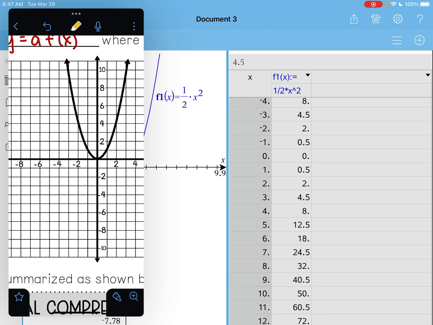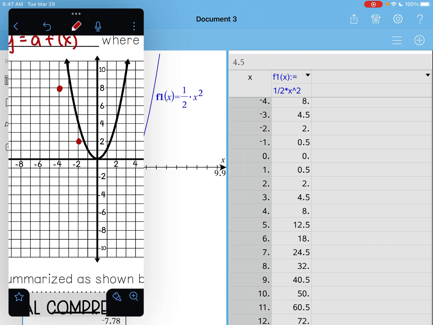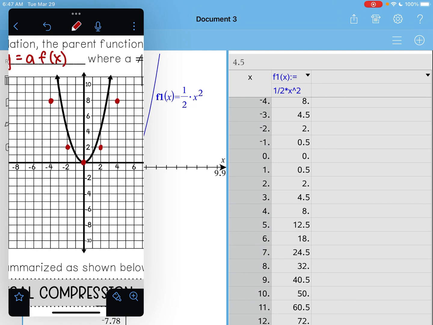So -4, 8 is right here. I have -2, 2, which is right here. And then I have 0, 0, 2, 2, and 4, 8, which is right here.